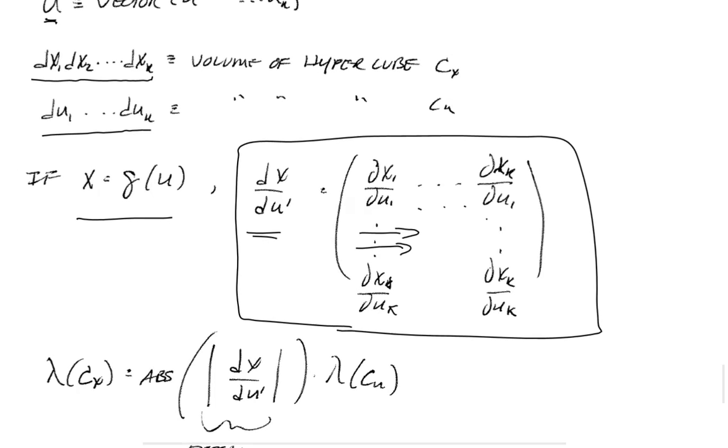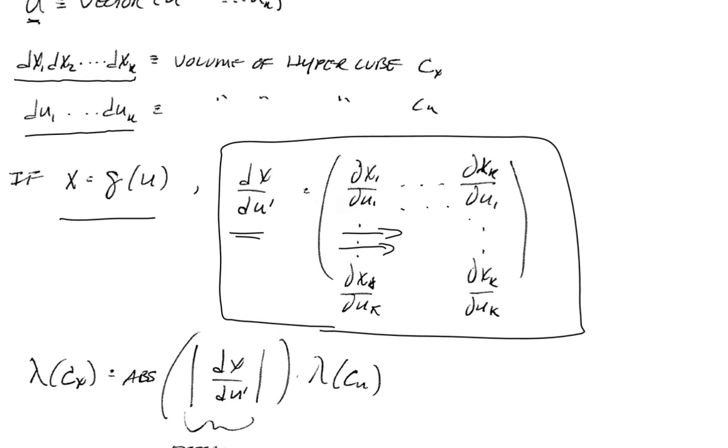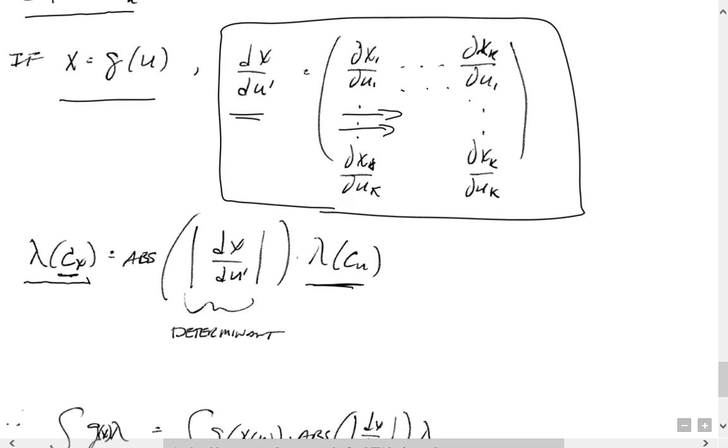Now, the measure lambda, or volume, so to speak, of this hypercube in terms of x is going to be proportionate to the measure of the hypercube in terms of u, and the proportionality factor is going to be the determinant of this matrix, and then take its absolute value.